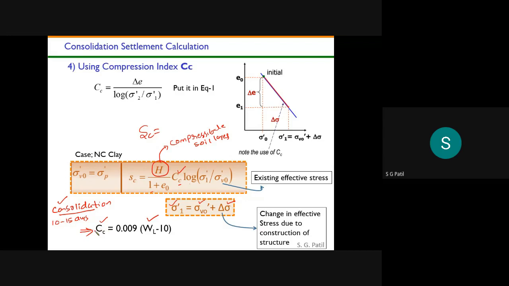So that's why previously many researchers established some relations between the C_c value and some index properties. This liquid limit is just a half-hour test, maybe less than half an hour, maybe 10 to 15 minutes you can perform. Once you perform the liquid limit test, you can get the C_c value here.